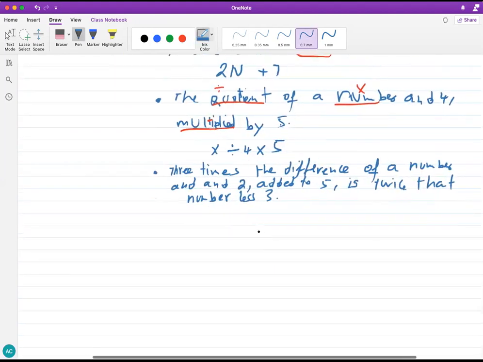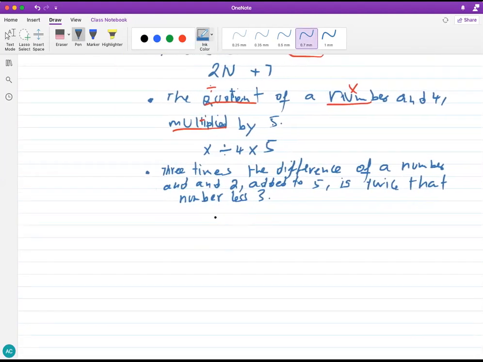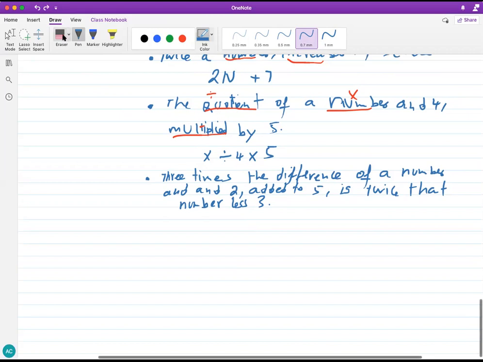All right, so there's a long one here. There's a lot going on in this sentence or word problem. So 3 times a number and 2 added to 5 is twice that number.